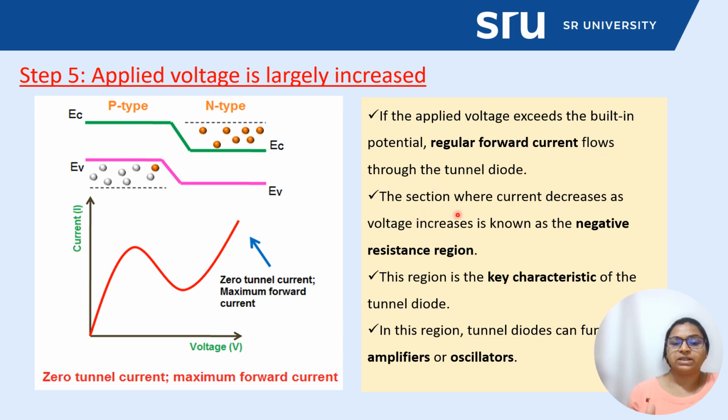The section where the current decreases as voltage increases, so voltage is gradually increasing but the current slopes down, is known as the negative resistance region. This region is the key characteristic of the tunnel diode.